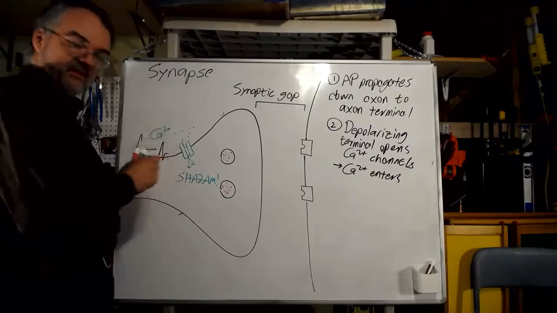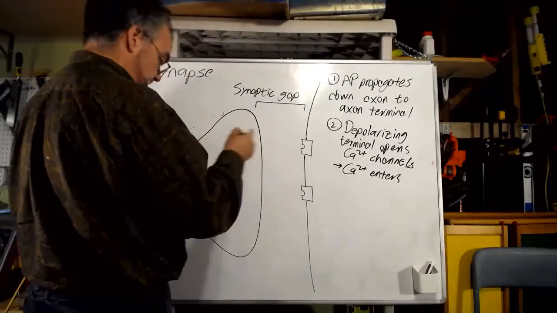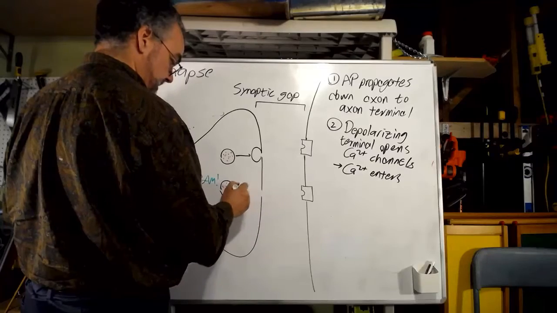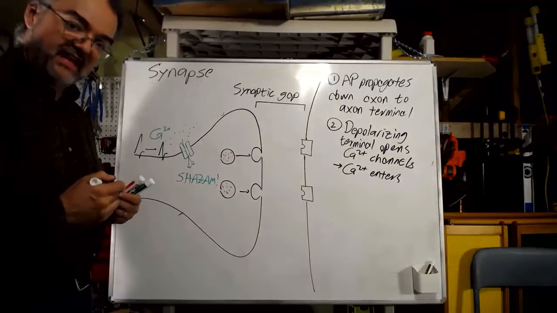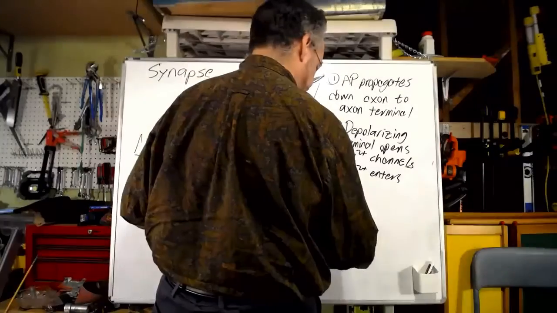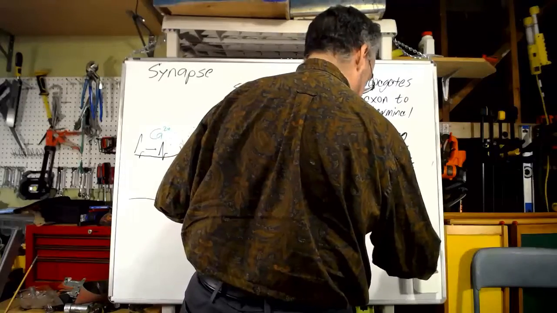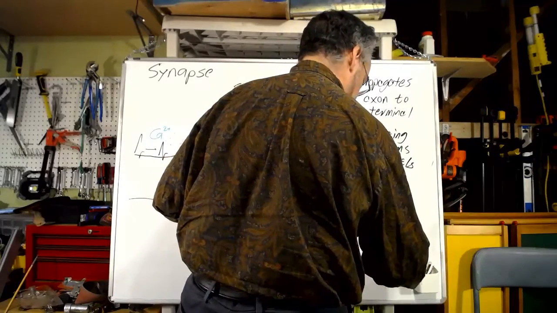So calcium comes in, Shazam! That leads to these vesicles moving up and docking with the membrane at the end of the axon terminal. So the vesicles dock and release their neurotransmitter.